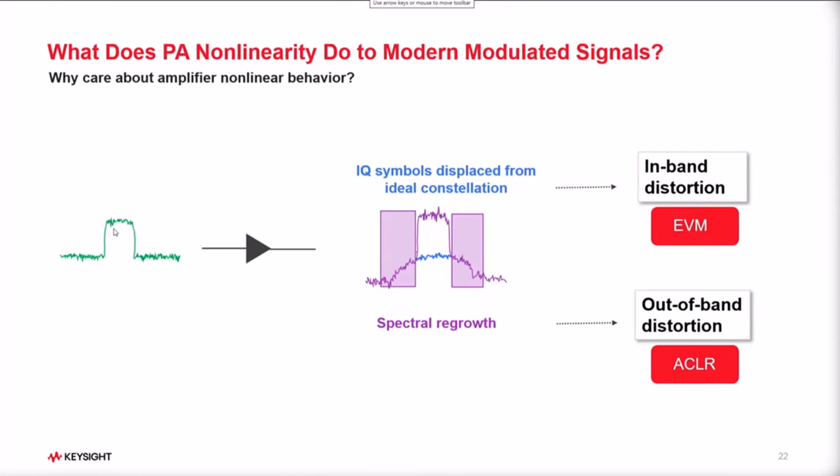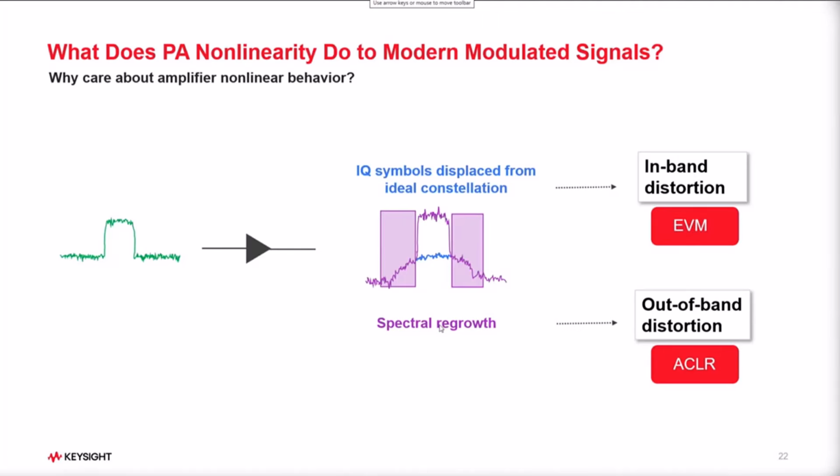What happens once you have this kind of signal going through your PA? You get distortion, right? That's what we saw in one tone, two tone: you see harmonics, two-tone third order, two-tone fifth order products, and so on. In the modulation domain, you have two levels of distortion. One, the distortion which happens in band. The metric you will find in any communication standard is error vector magnitude. That measures the in-band distortion: how distorted is your signal in your desired bandwidth?